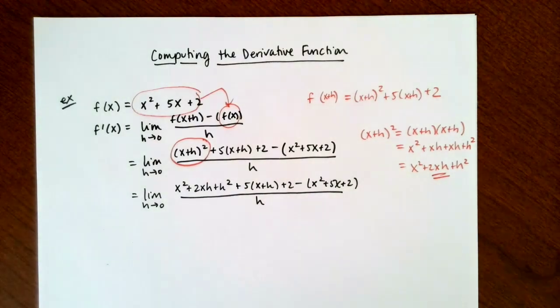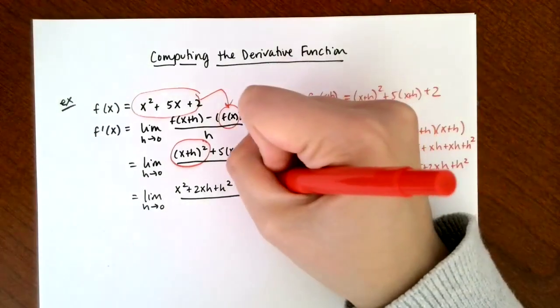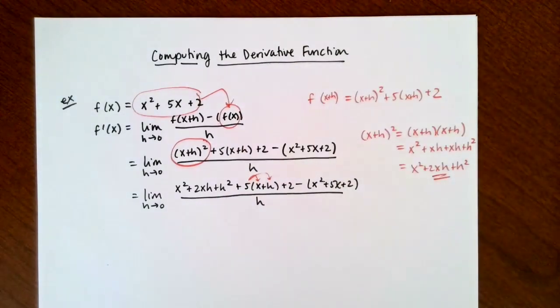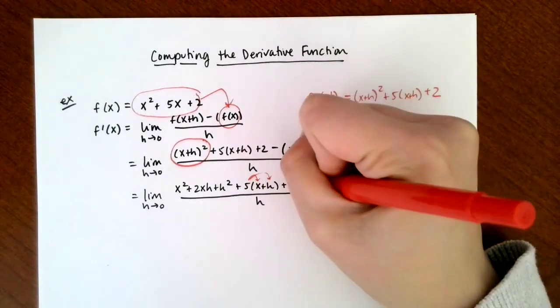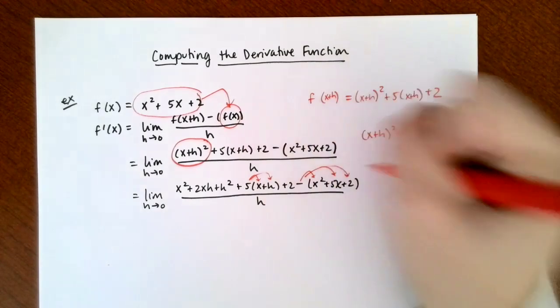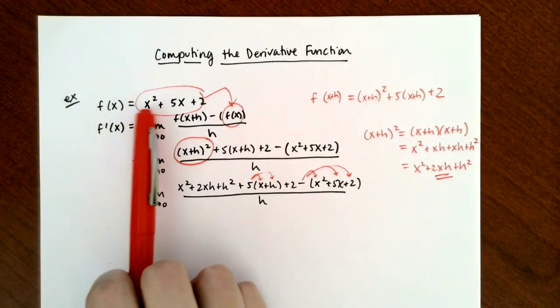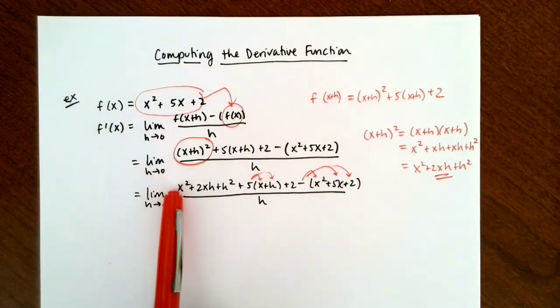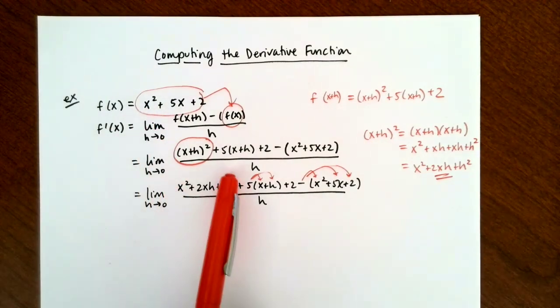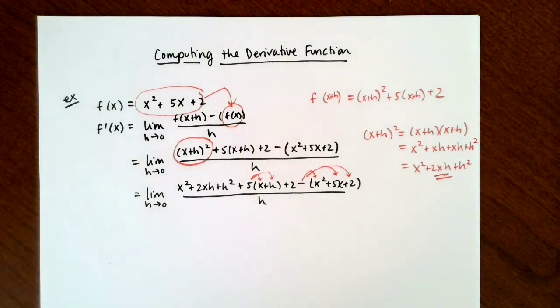In this next step, I'm going to do all of the distribution into parentheses. So that's this 5 here into the x plus h, and then this subtraction into these parentheses here. If there had been a coefficient on x squared here, I would have that number outside a set of parentheses right here as well, and I would also distribute, but it's not necessary in this problem.